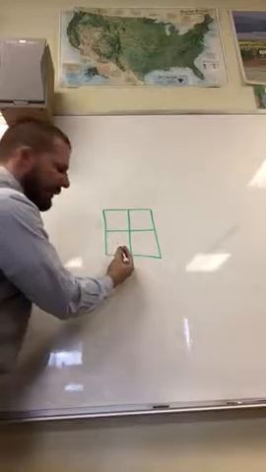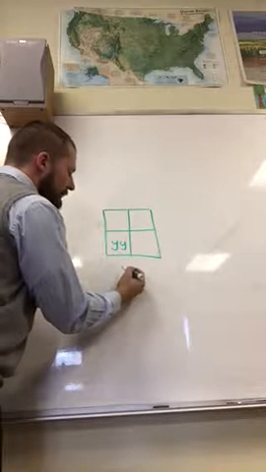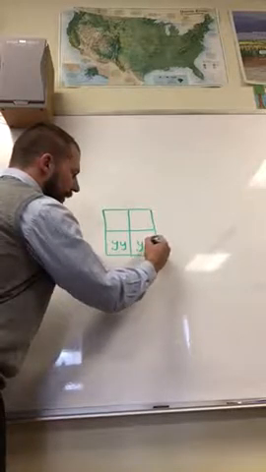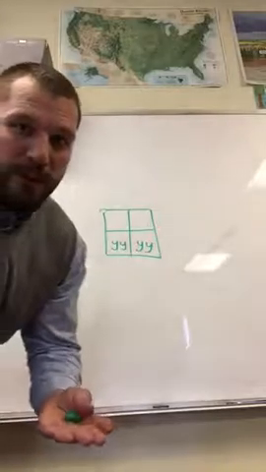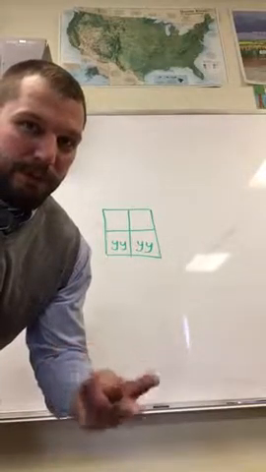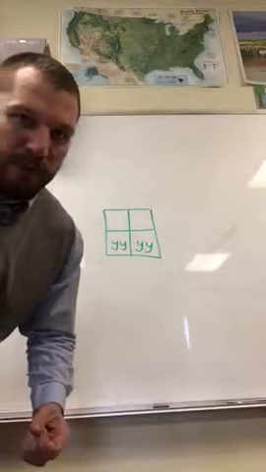So in this box down here, I know I can go lowercase y, lowercase y. And in this one, I could also go lowercase y, lowercase y. And the reason I know I can do that is because 50% of them have to be green. Well, those two symbols represent green.